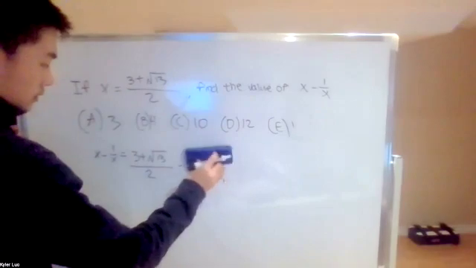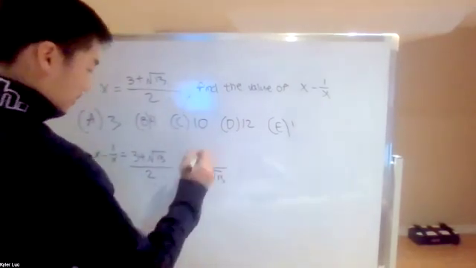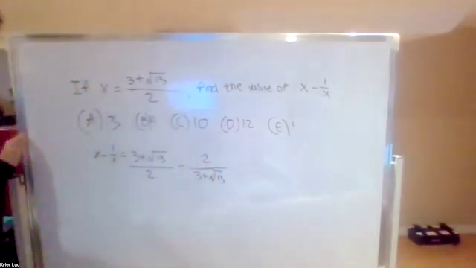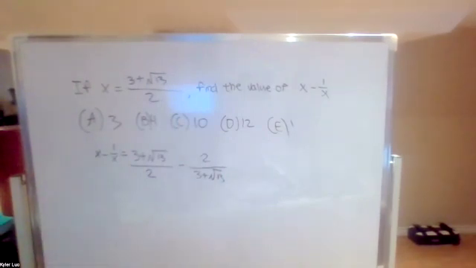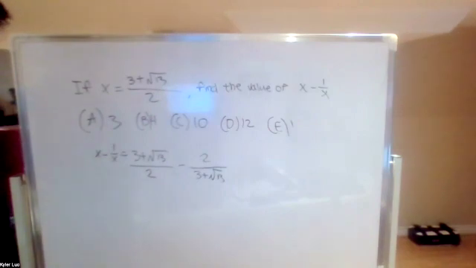And then what you want to do is create the same denominators. So for the first part, 3 plus square root of 13 over 2, you want to multiply that by 3 plus square root of 13.